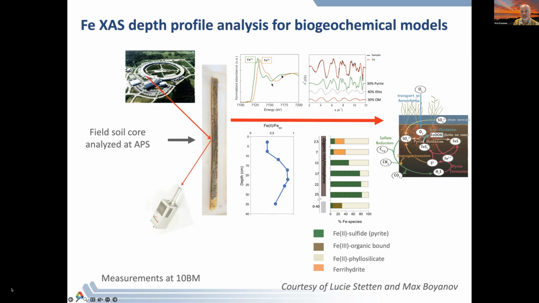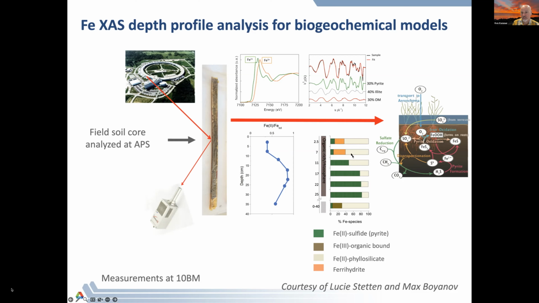As opposed to doing just the XANES, we can do the full XAFS, the extended region of the spectrum, looking at the mineralogy of the iron. And these minerals again give us insights into the types of processes that are occurring there. And you can see how we can do a multi-parameter fit of the types of minerals associated with depth in this soil core itself.